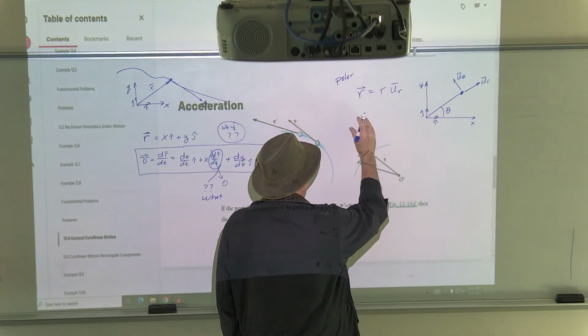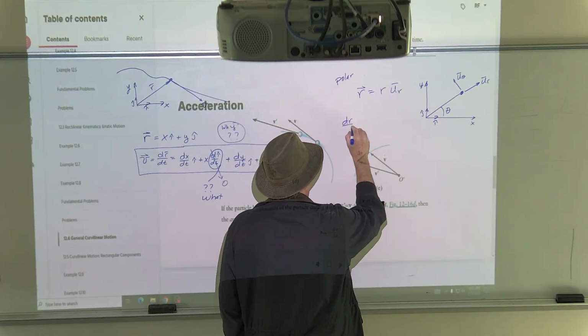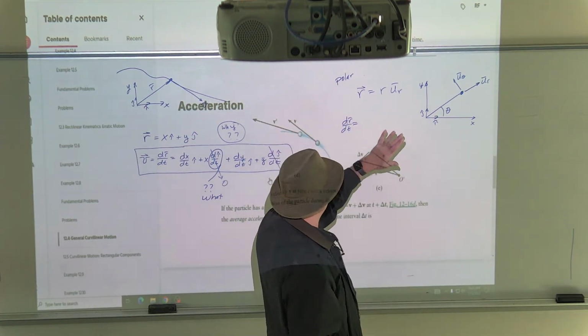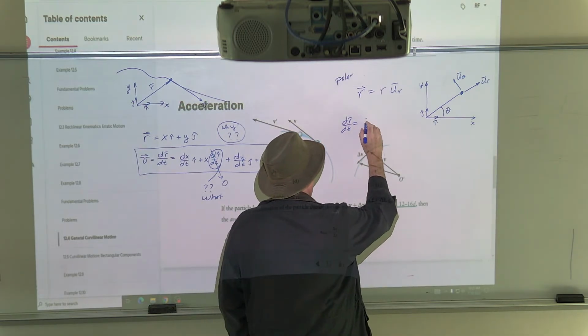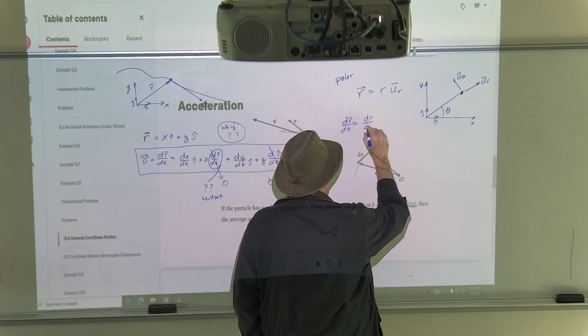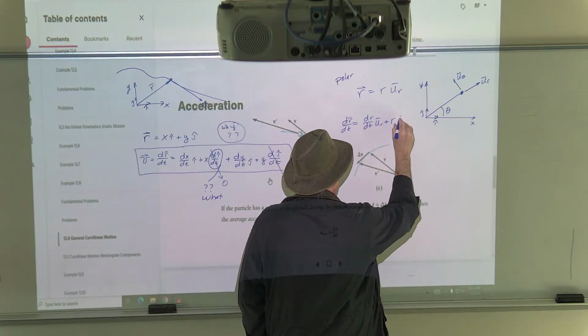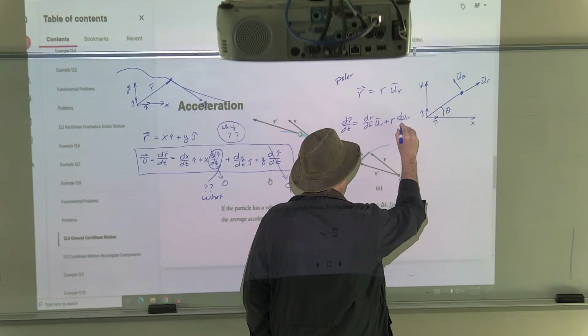So it is true, there's an i and there's a j. However, when he reaches the next stage where he says dr/dt, okay, just a blind mathematician would do this, and he would say dr/dt u_r plus r times du_r/dt.